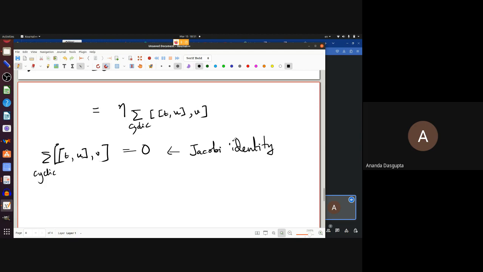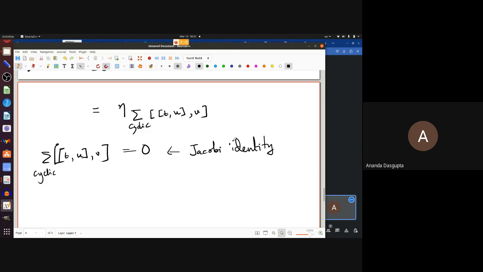The reason why I'm bringing this up is the following. We will next talk about this structure in the abstract. A Lie algebra will essentially be defined to be a vector space, a bunch of vectors, which the set of all tangent vectors definitely is, on which a bracket is defined.